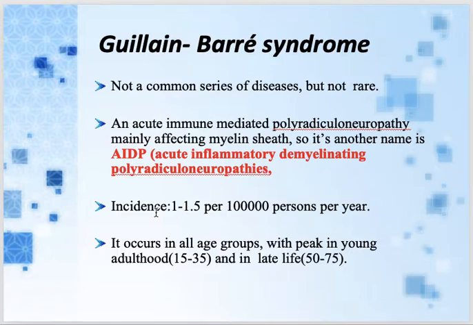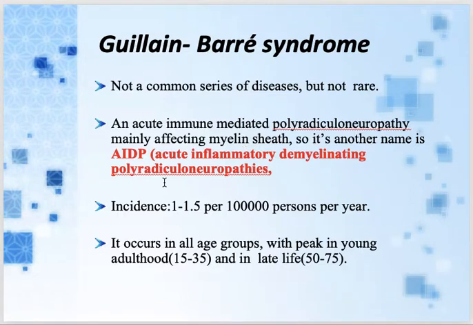It is also called AIDP, or acute inflammatory demyelinating polyradiculoneuropathies. So Guillain-Barré syndrome, remember guys, it's an acute, can be very severe polyradiculoneuropathy, which is immune mediated or autoimmune in nature. So that is the definition of this thing.